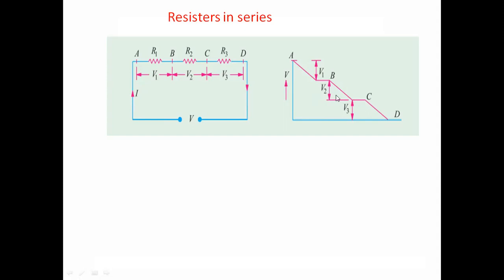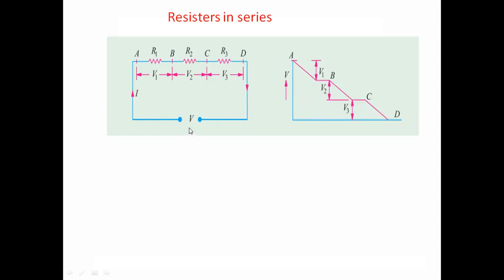And similarly, from C to D there is a voltage drop, that is V3. The summation of all these three voltage drops is equal to the applied voltage V.